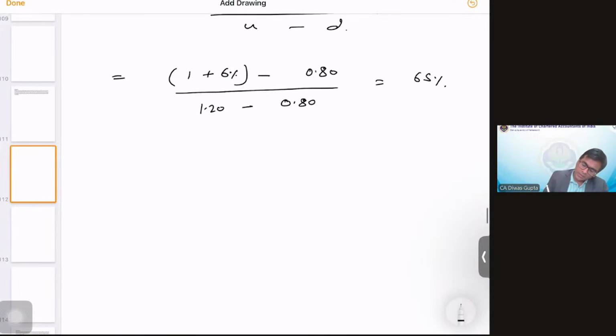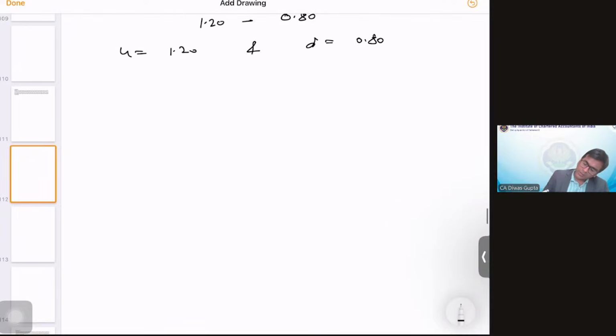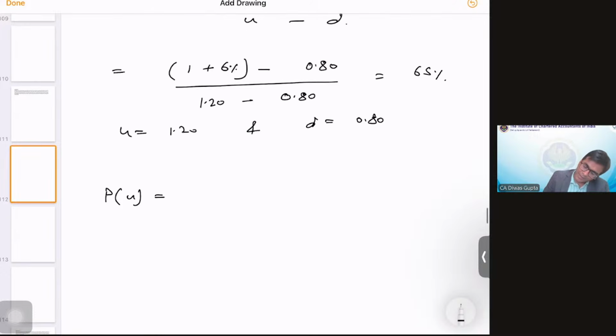So here we can mention U is equal to 1.2 and D is equal to 0.80. So the probability of prices moving up is 65%, and hence the probability of prices moving down will be 35%.